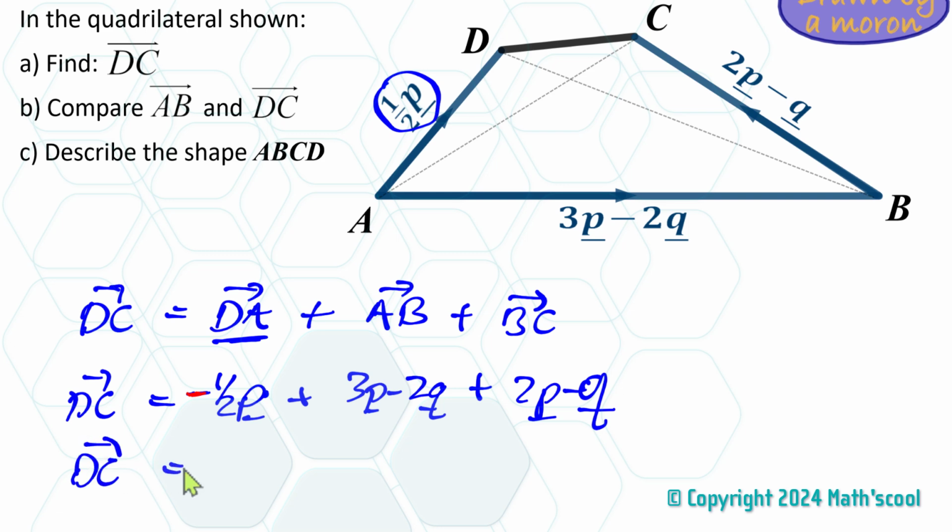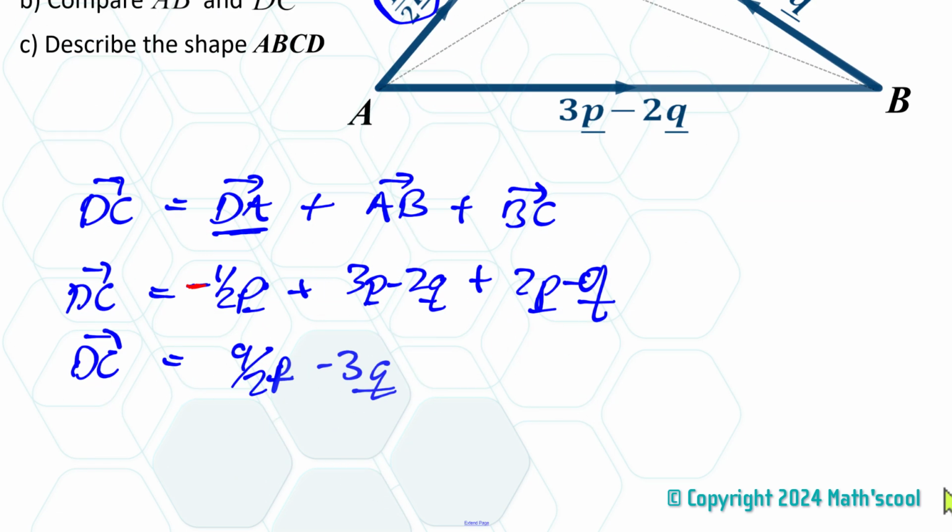D to C equals, what do you got? 3P plus 2P is 5P, minus half P is 4.5P, 9 over 2 P. And what do we got for the Q's? We've got minus 2Q minus Q, so minus 3Q. Okay, let's factorize that. Remember, to factorize this, we need to do common denominator.